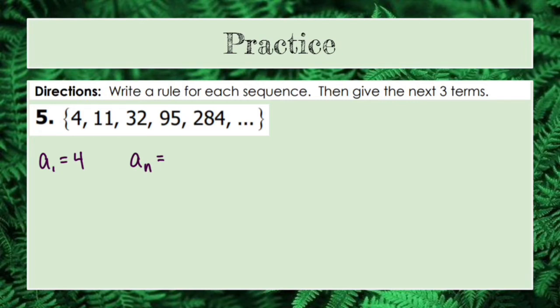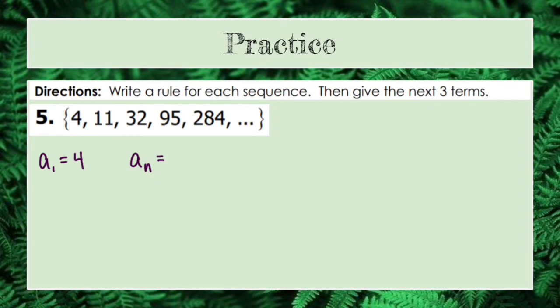So if we want to go from 4 to 11, we could add 7. But then if we add 7 here, that does not get us where we need to go. Okay, so what if we multiply? Let's see. If we multiply 4 times something to get 11, that's not even really a good option. So that's not going to work. There's no easy multiple of 4 to get to 11.